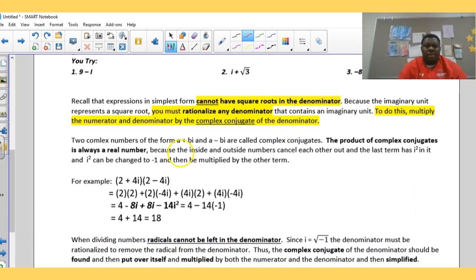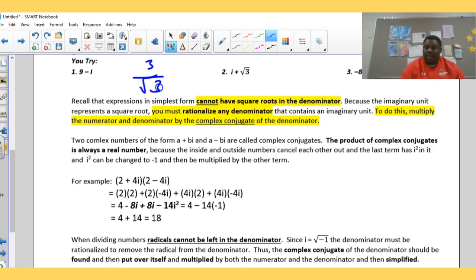Now, the next thing I want to talk about, guys, is recall that the expression in simplest form cannot have square roots in the denominator. Remember when you have a fraction, let's say it was like 3 over the square root of 3. You can't have a radical or a square root in your denominator. You have to rationalize this, and that's what we're going to do with complex numbers.